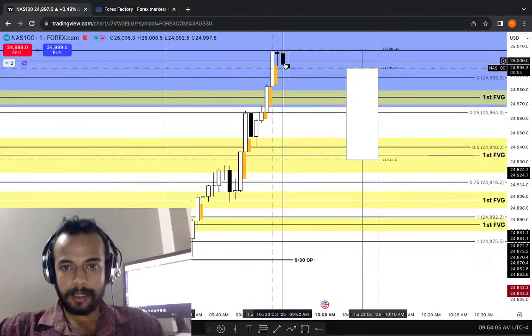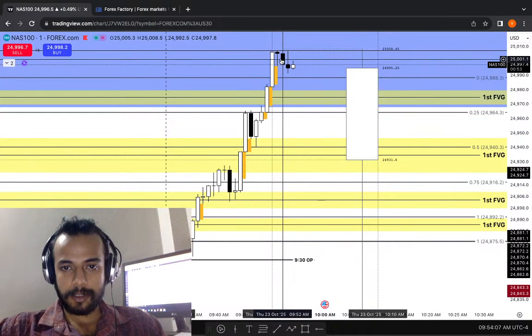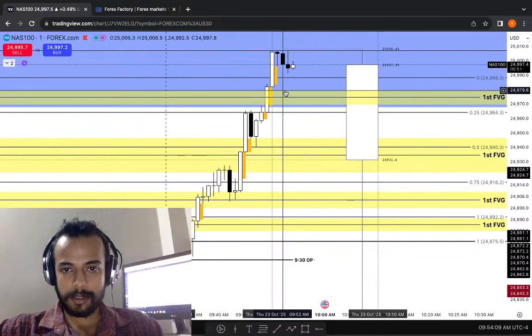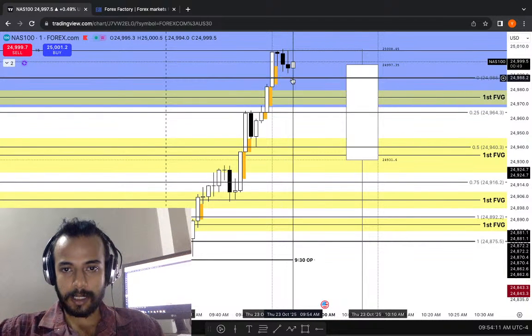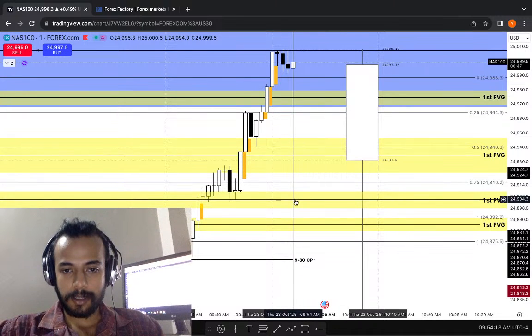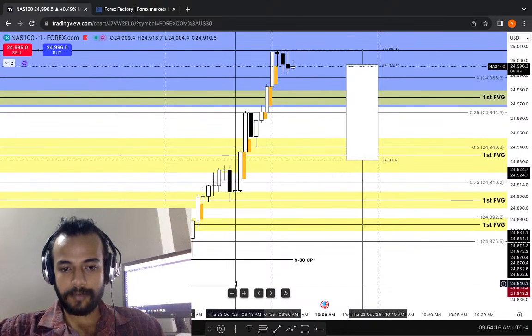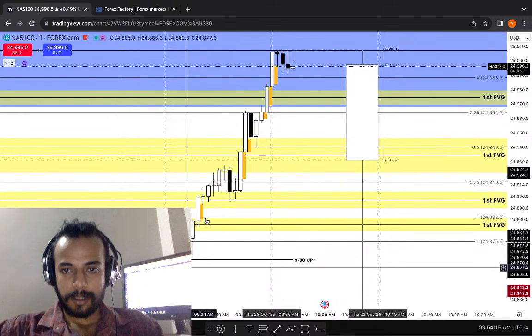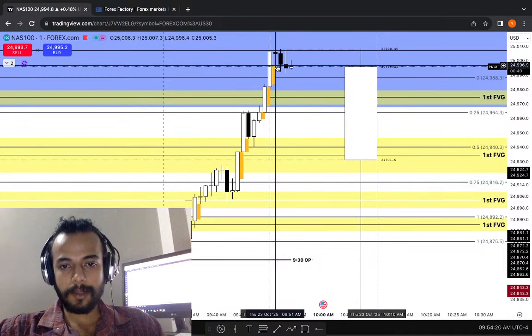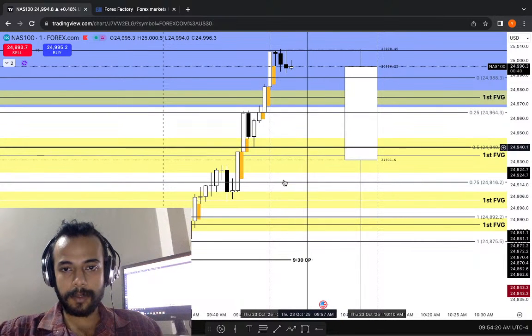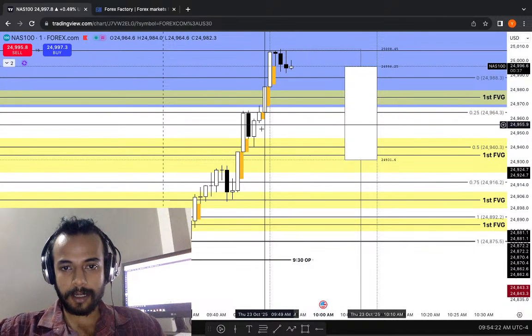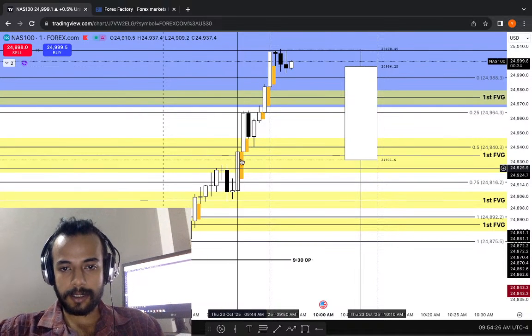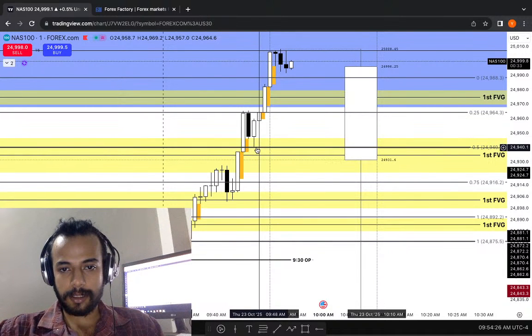But I don't like this kind of move. It should just completely drop down below this, then come higher, touch it, and then disrupt the people who have interest in longs, or the people who have trailed their stop losses around this area.